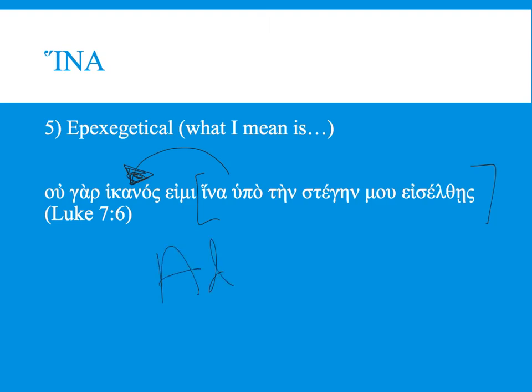So it's functioning really adjectivally. And it's important to be able to distinguish between it functioning adjectivally and it functioning substantively. And all of those are really substantive uses, and that's dramatically different than purpose or result, because those are adverbial ways of hina functioning.